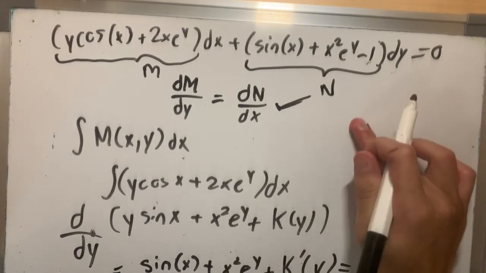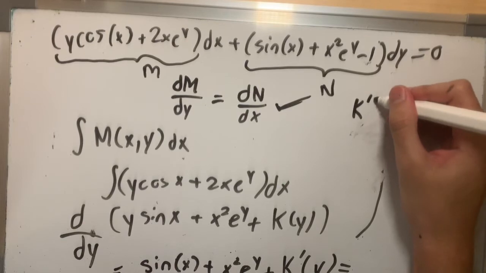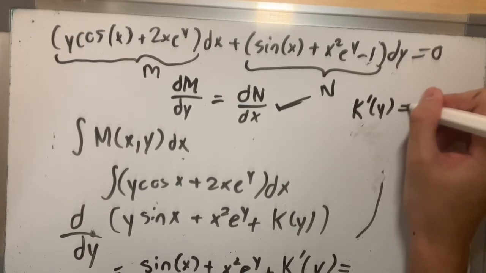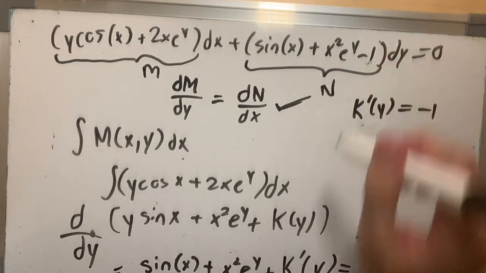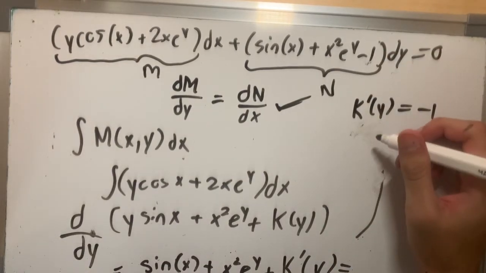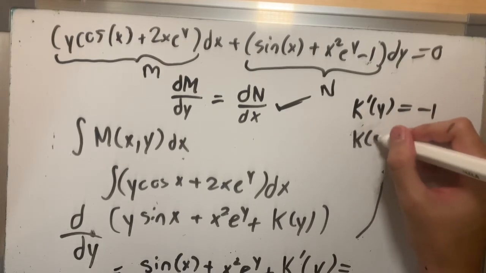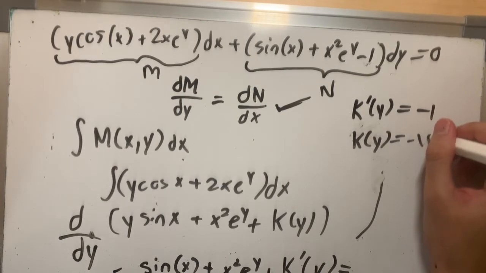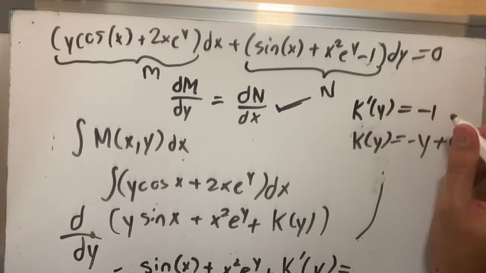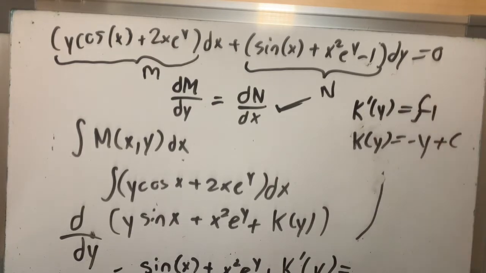So once we do this, we will find k dash of y, because we know it's equal to -1 because these two equations are identical besides the last part. And then we are going to find the actual k of y, which is equal to -y plus c. That's because we're just taking the integral, right?